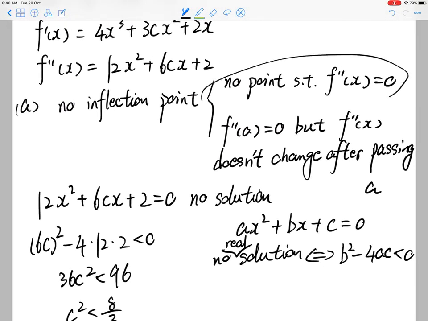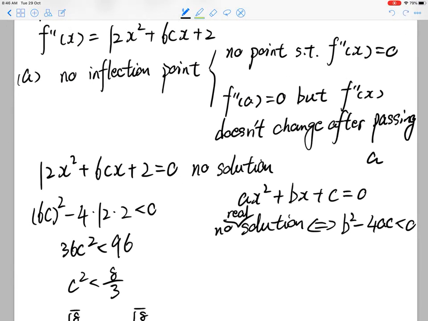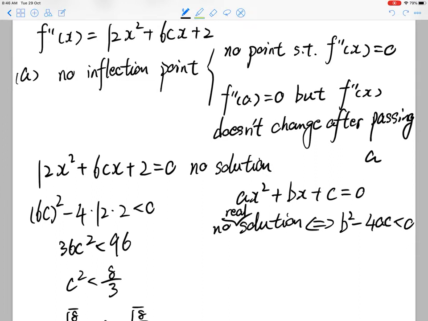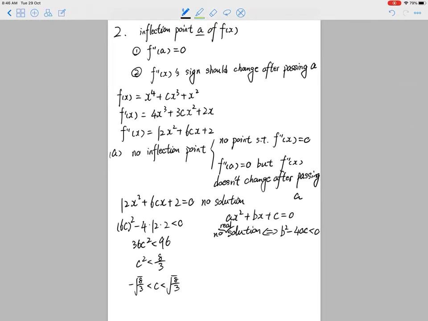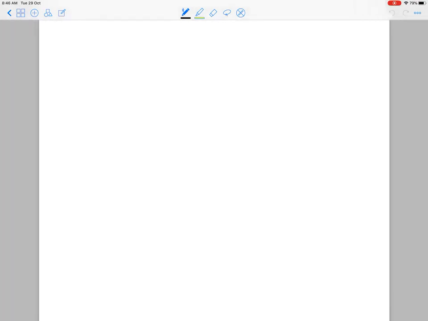There's no point such that the second order derivative equals 0. Second case is there is a point where the second order derivative equals 0, but the second order derivative doesn't change sign. This case happens when the second order derivative equals 0 has only one solution.